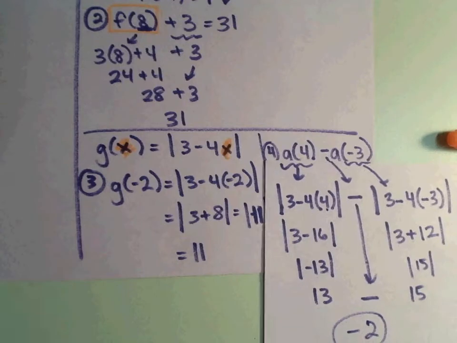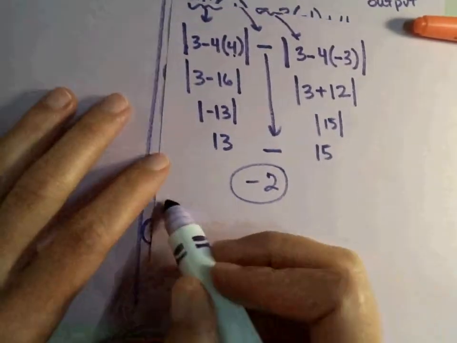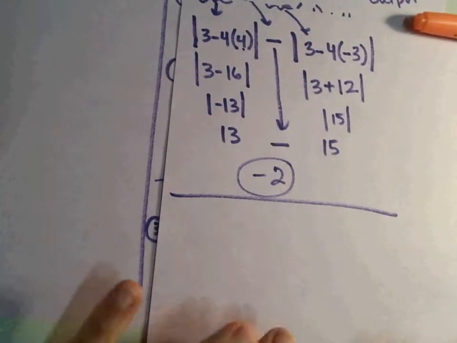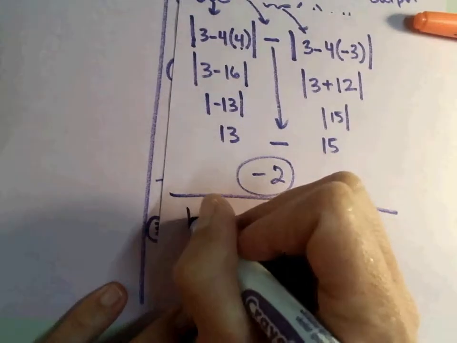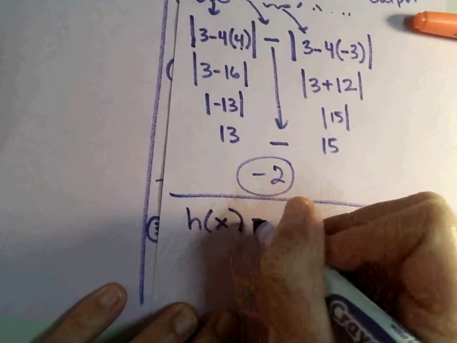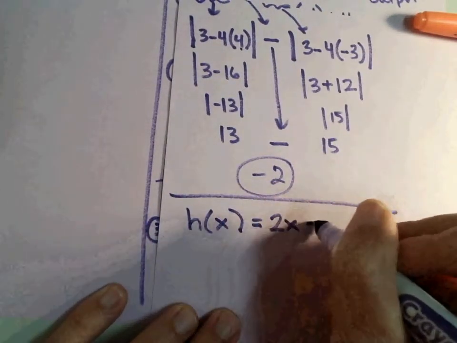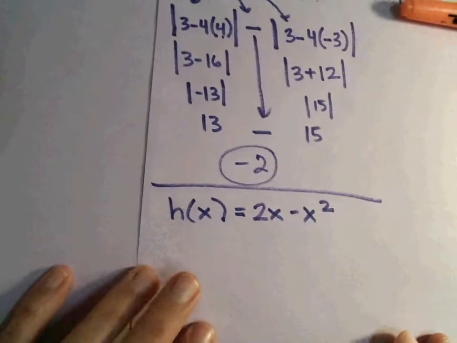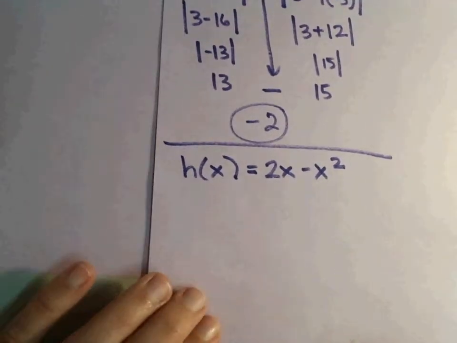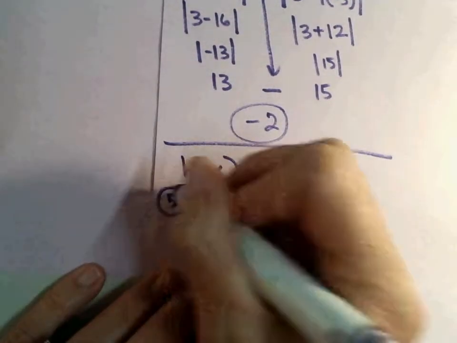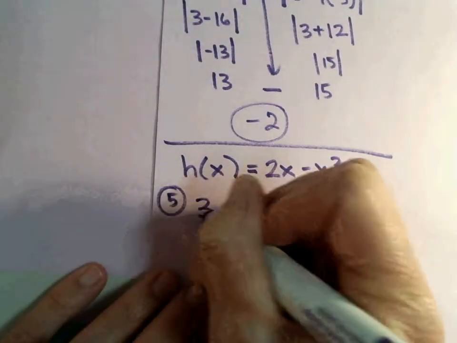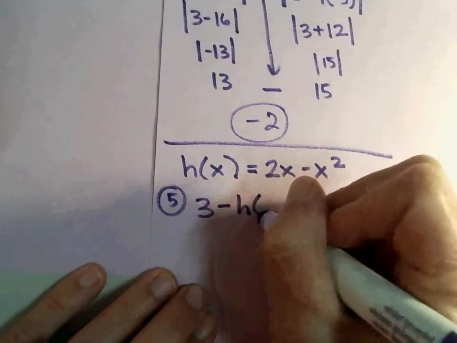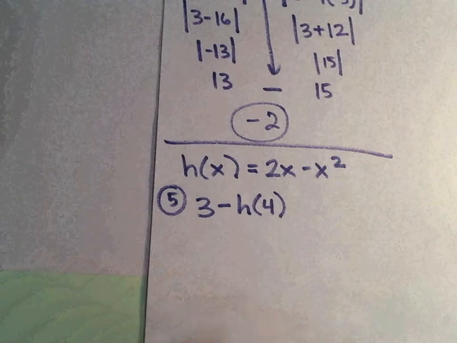All right, one more on this side. Hopefully you have more space than I do. Let's try h of x this time. And let's say h of x equals 2x minus x squared. All right, this would be number 5. Number 5 says 3 minus h of 4.